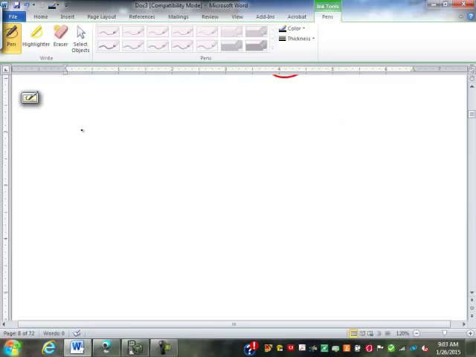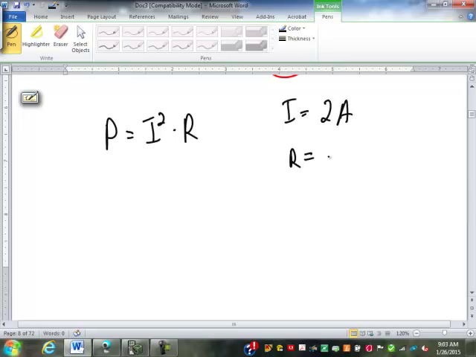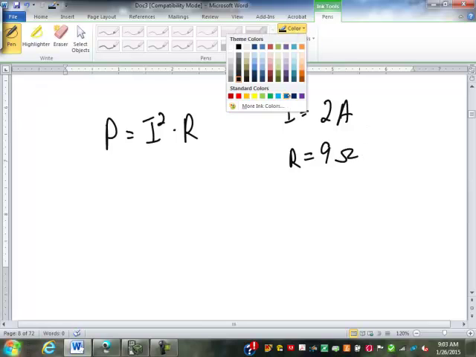Or you might even have more advanced formulas, like, not necessarily more advanced, but power equals current squared times resistance. So let's say I have a current of 2 amps and a resistance of 9 ohms. Find your power.